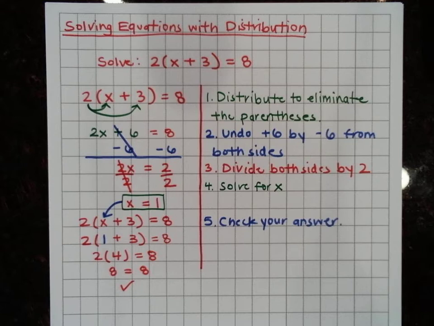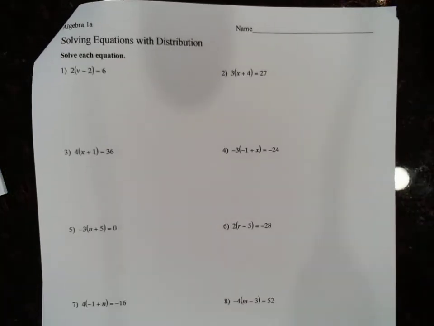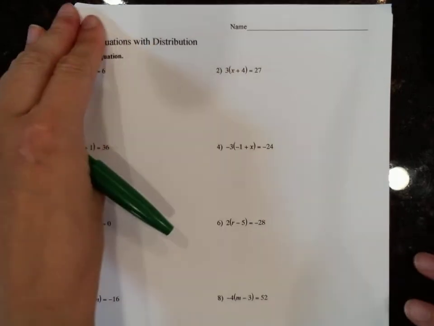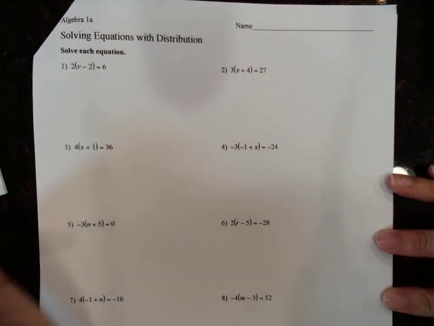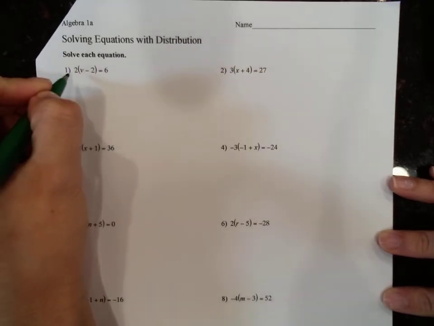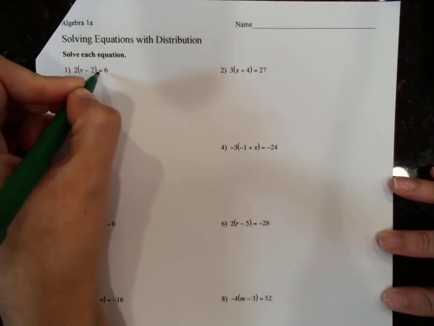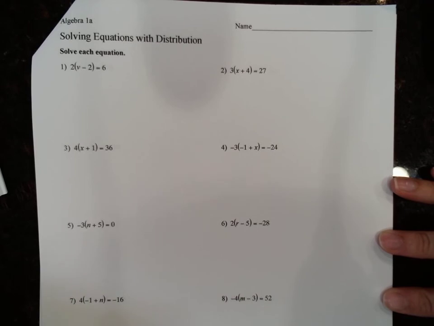Okay, let's look at your solving equations with distribution assignment in your Algebra 1 workbook. For number 1, we have 2 times (v minus 2) equals 6.